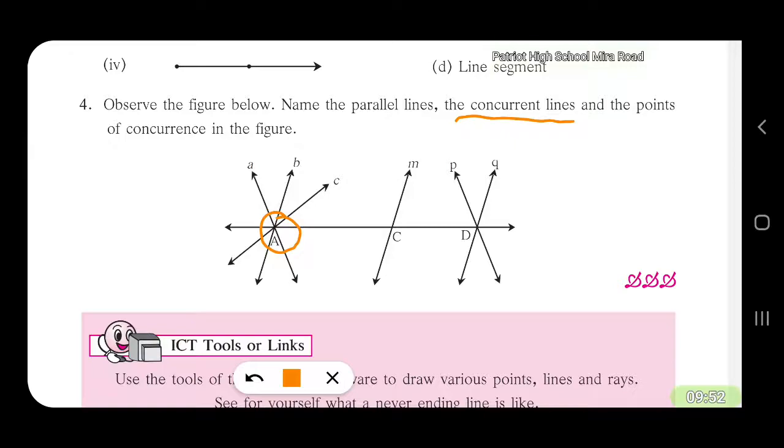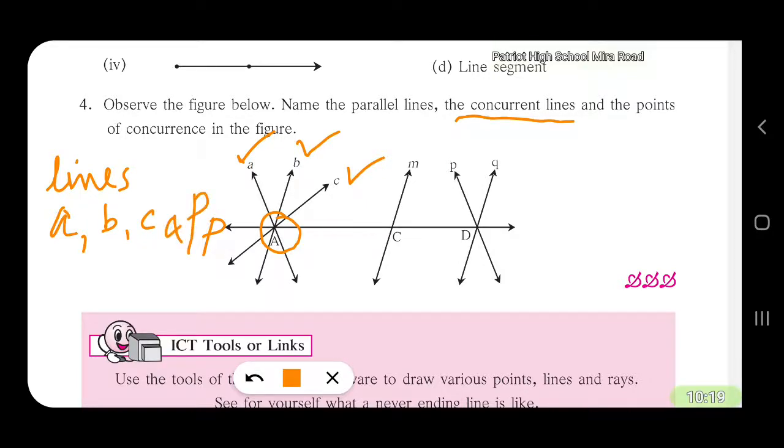Line A, line B, line C, and suppose you call the horizontal line, line P. Then all the lines A, B, C and P, they are all concurrent lines.